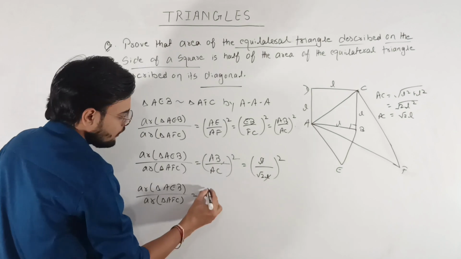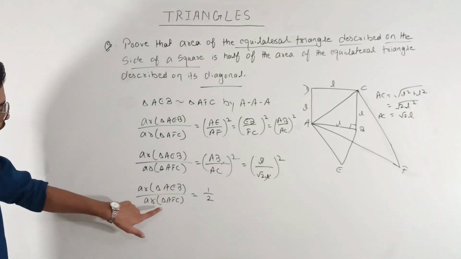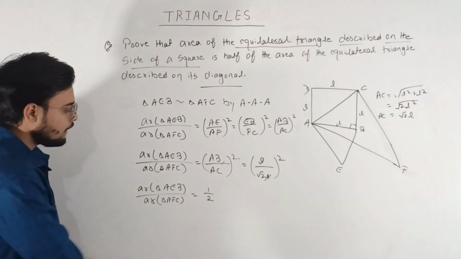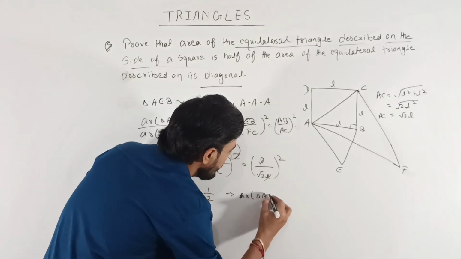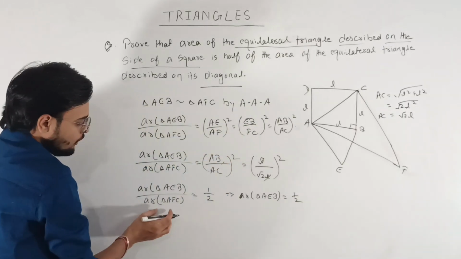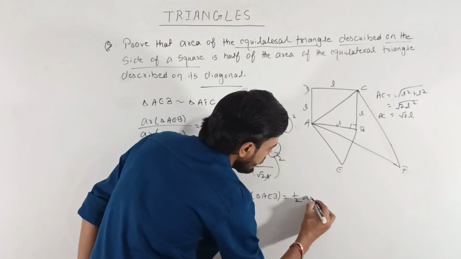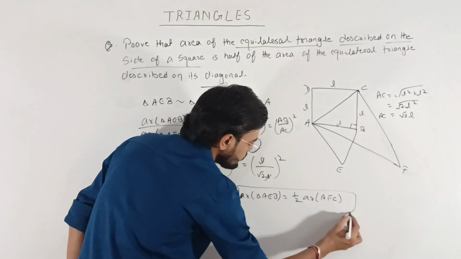Square of root 2 is 2. So this is 1 upon 2. Now this AFC goes this side, then this will become area of triangle AEB is equal to half of area of triangle AFC. Now this is proved.